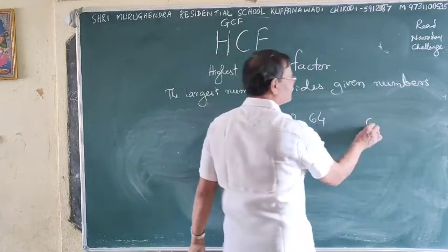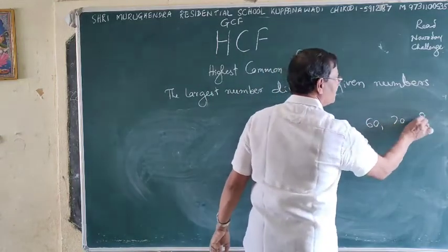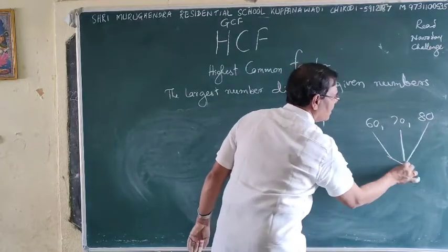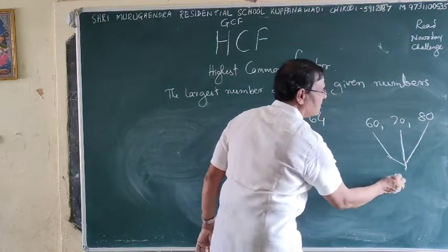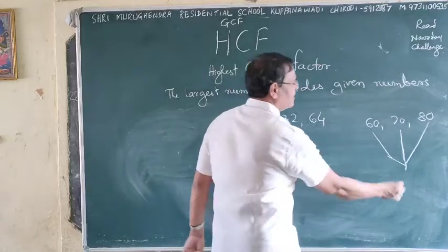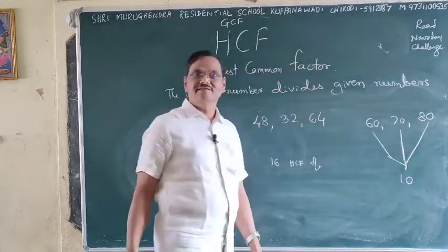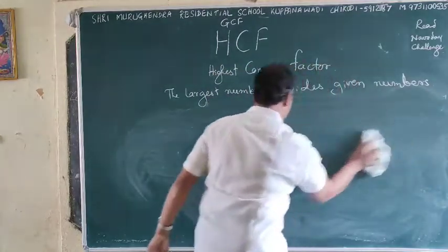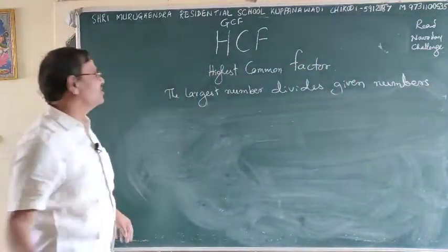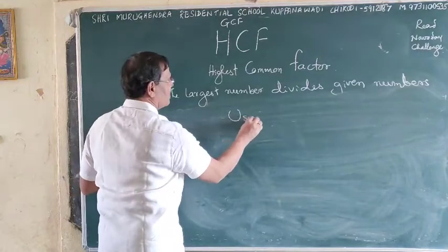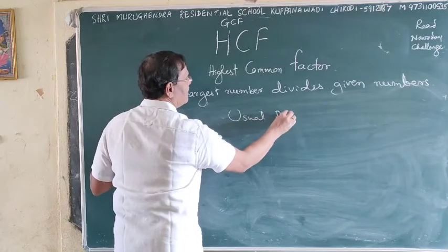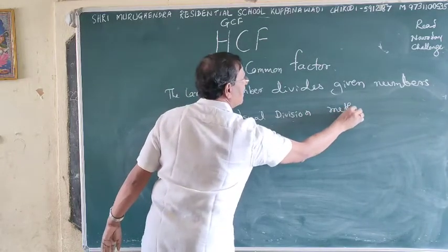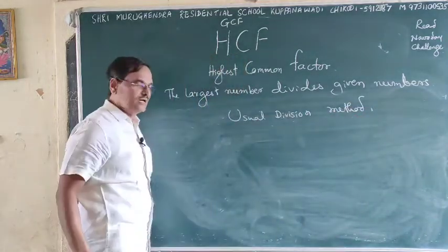What is the HCF of 60, 70, 80? Commonly you can understand that it is 10. Isn't it? So, one more method I am giving you, that is the usual division method. How is it the usual division method?